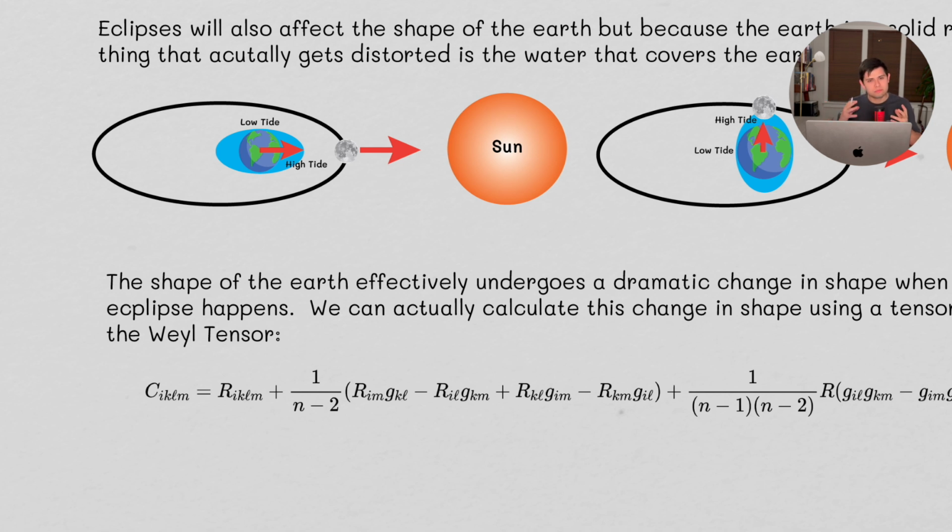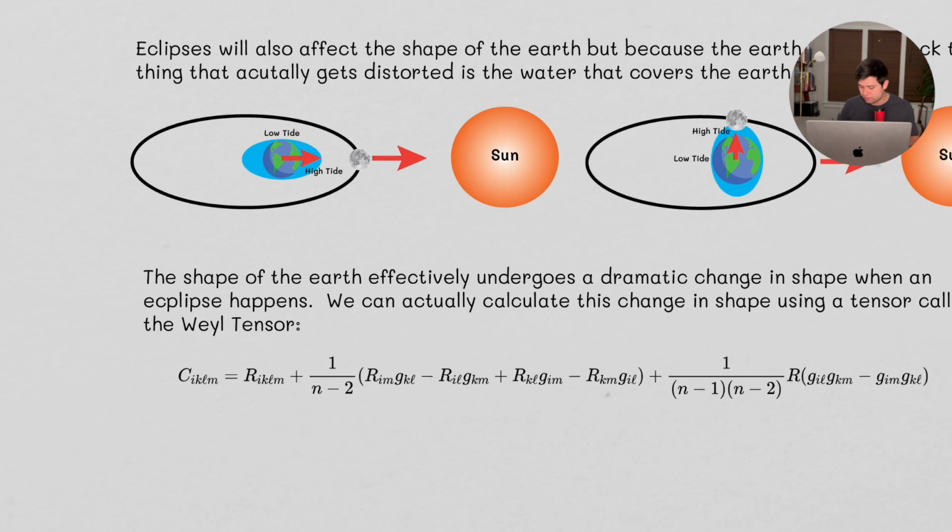Well, that's a pretty big effect on the tide, right? You can imagine this as being a very drastic effect on the tide. And what happens is a very large stretching, if you will, of the shape of the Earth, right? Again, the only thing that actually changes is the degree of the tides.